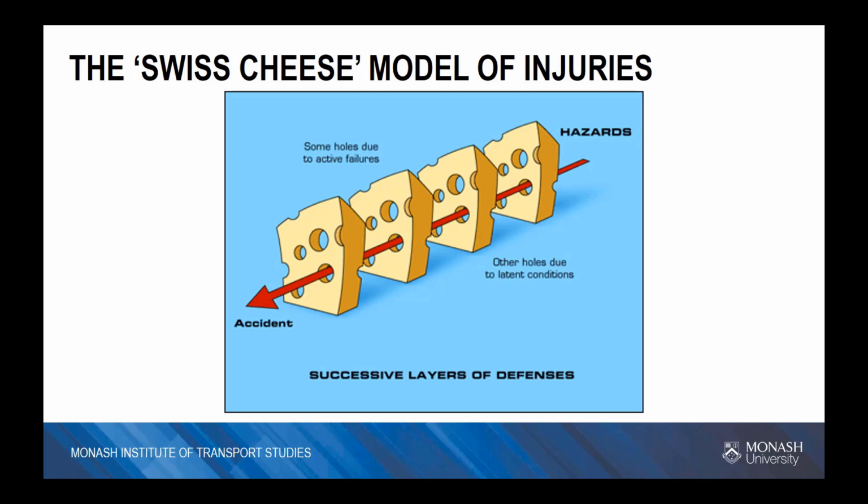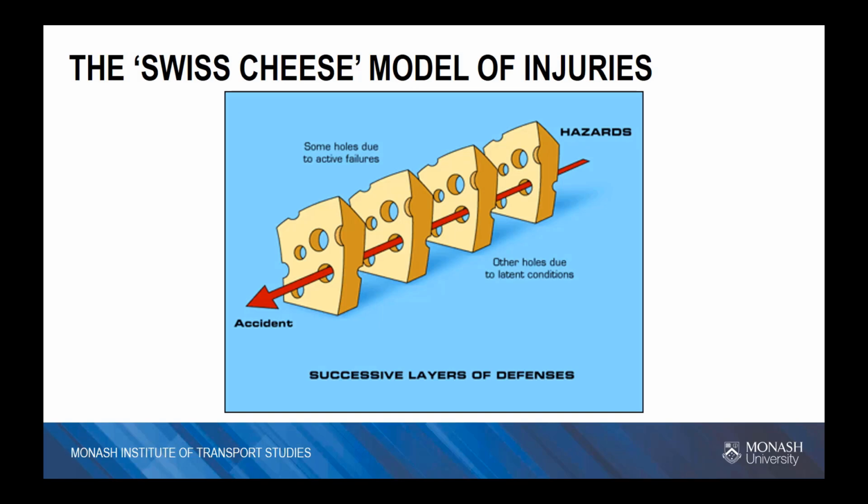This model was developed by Reason, and it uses a systems approach that acknowledges that there are many components of the system that contain barriers and safeguards to prevent an injurious event. As such, an injurious event occurs when there are failures at multiple points within a system.